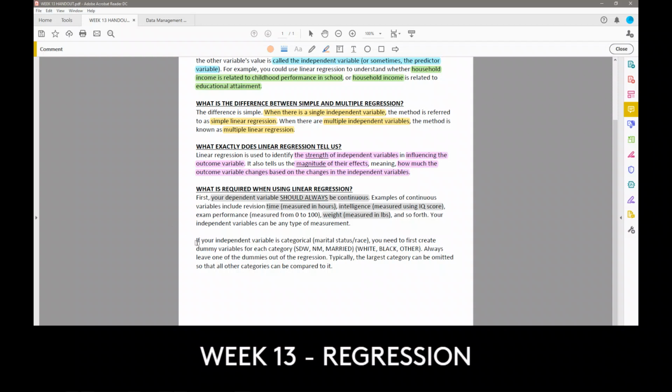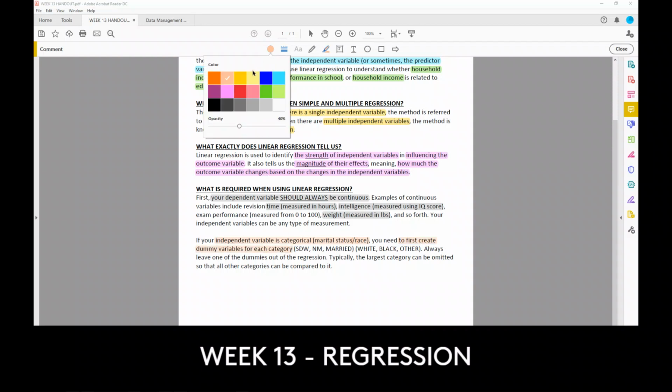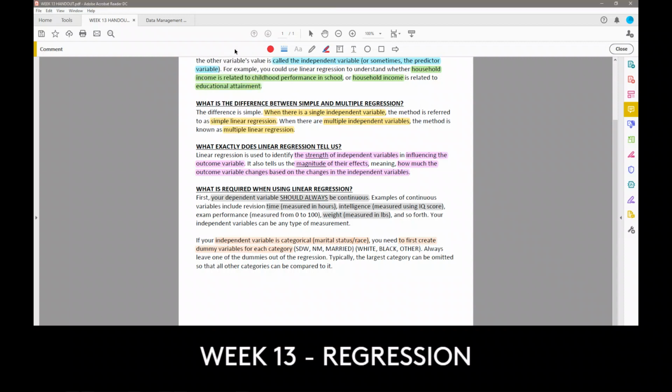But remember, if you have an independent variable that is categorical, for instance, the variables for marital status or race, you need to first create dummy variables for each of the categories. Some of the examples that we used in class were creating dummy variables for marital status.